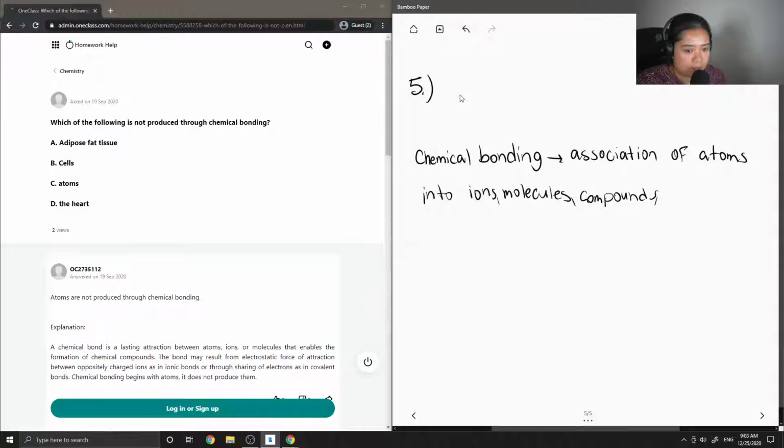Pretty much just everyday life, everything is made up of atoms. So let's look at the options that they give us.